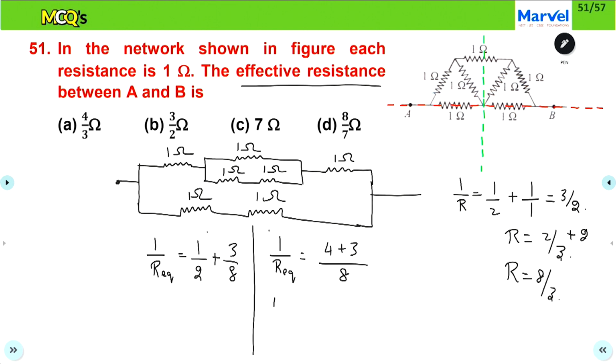So if I rewrite this, R equivalent is equal to 8 by 7. So this proves that option D is our answer, which is easy and straightforward.